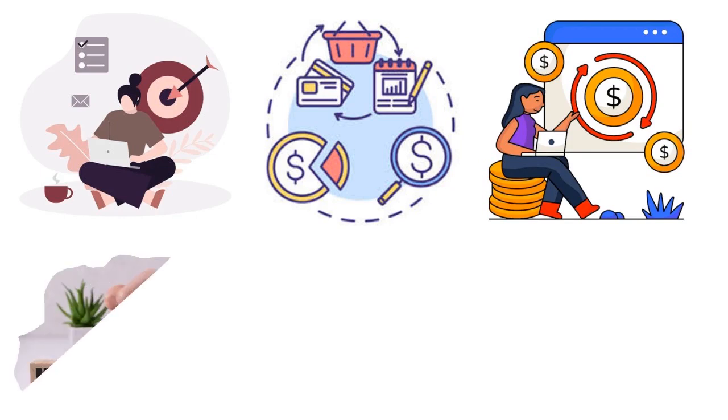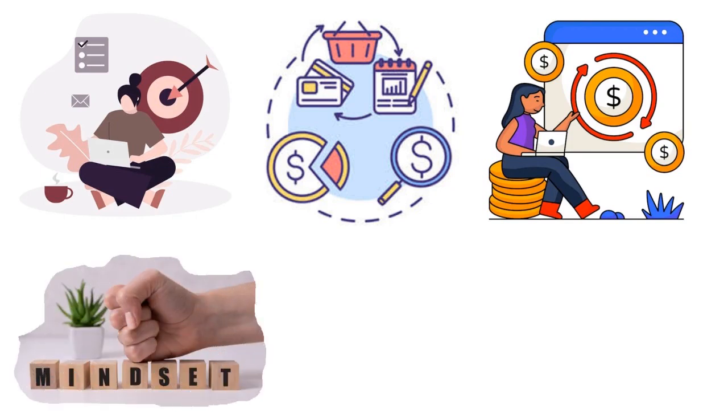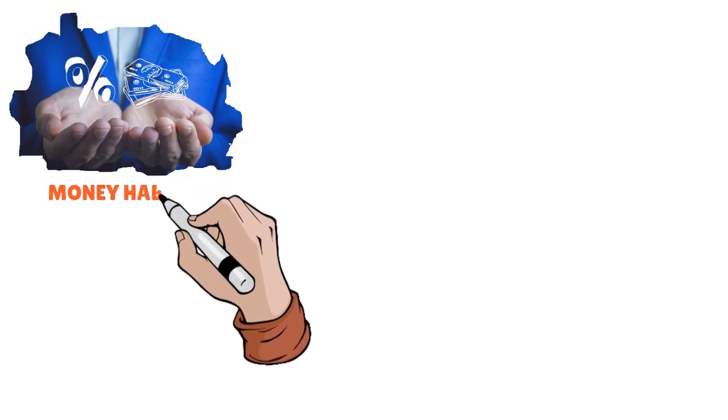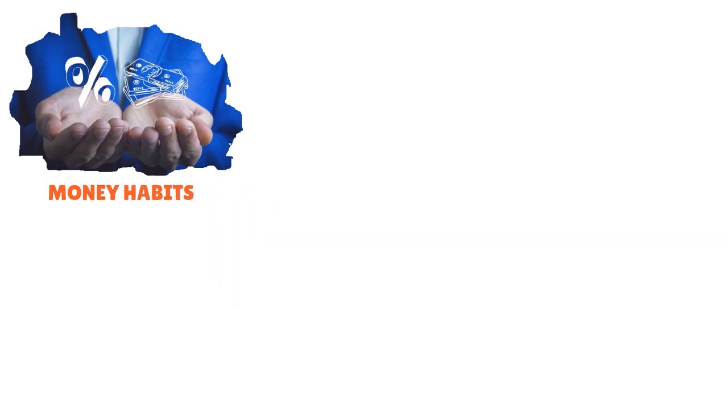So the mindset you bring to managing your money is important. Establishing a budget is a critical first step to gaining control over your finances. If you've never worked with a personal budget, it may take a few cycles for your habits to catch up. And if you have money habits you need to improve, the right app can really help. So you have to make sure that you choose the right app.